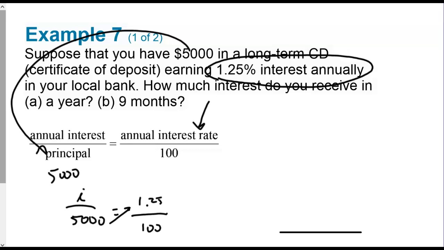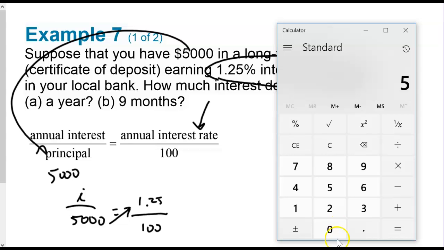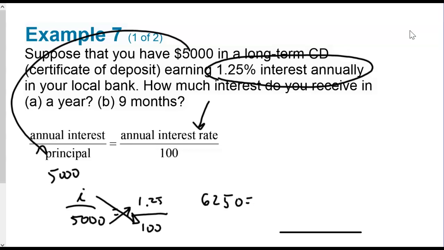Calculating this out, 5,000 times 1.25 is $62.50, and that equals 100i.